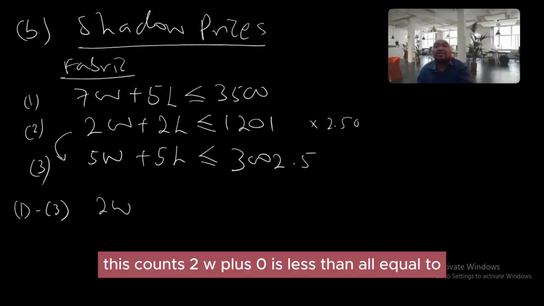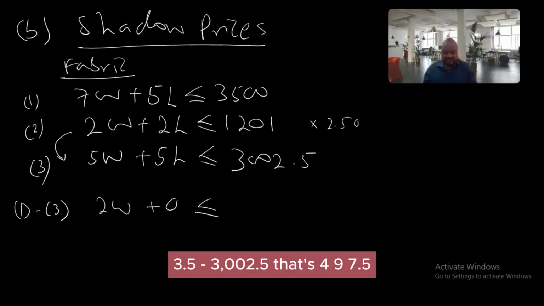This becomes 2W plus 0 is less than or equal to 3,500 minus 3,002.5, that's 497.5.